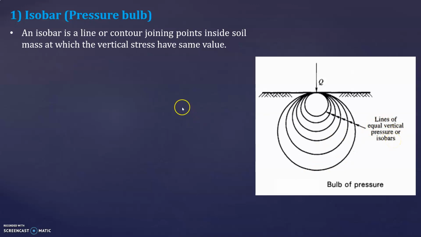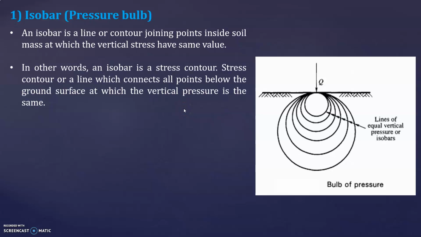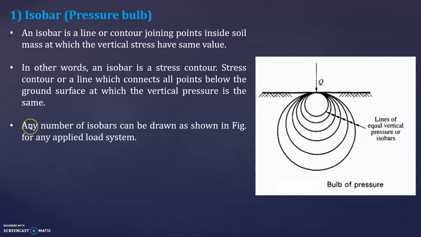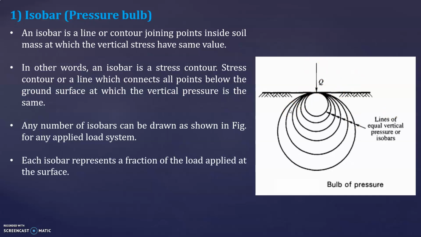In other words, an isobar is a stress contour, a line which connects all the points below the ground surface where the vertical pressure has the same value. Any number of isobars can be drawn as shown in the figure for any applied load system. This is the loading system. Each isobar represents a fraction of the load applied at the surface.